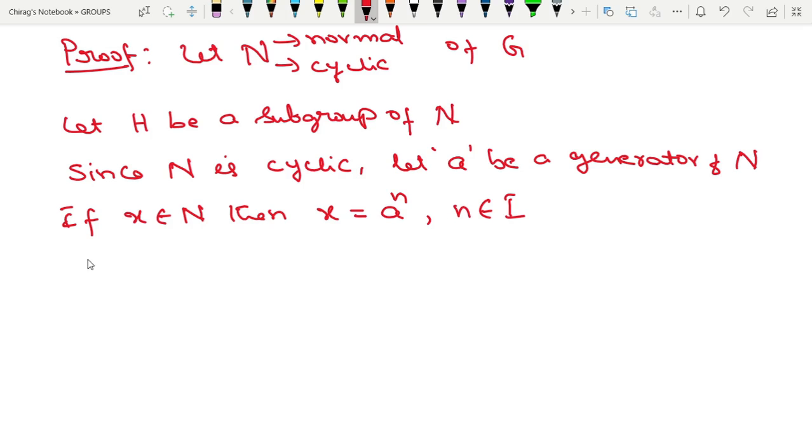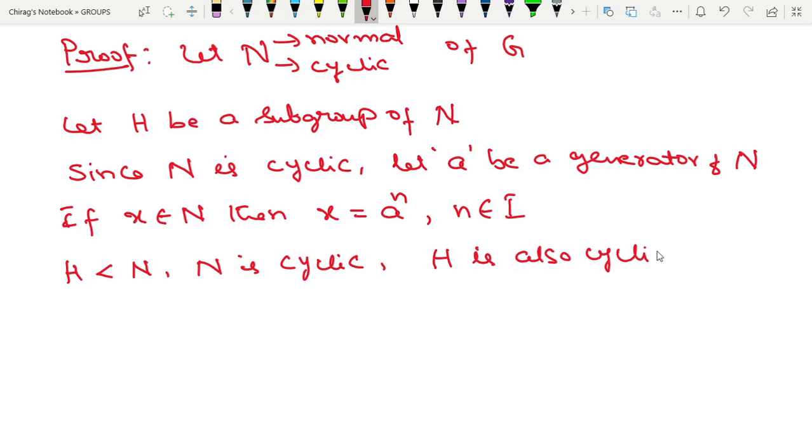Also, since H is a subgroup of N, and since N is cyclic, H is also cyclic, because we have proved this theorem already, which states that every subgroup of a cyclic group is also cyclic.